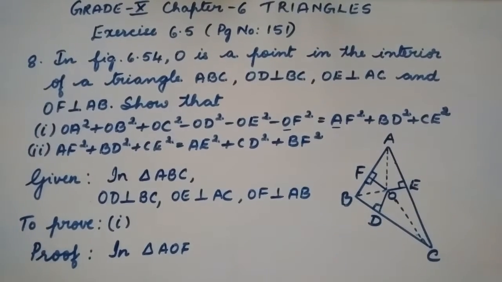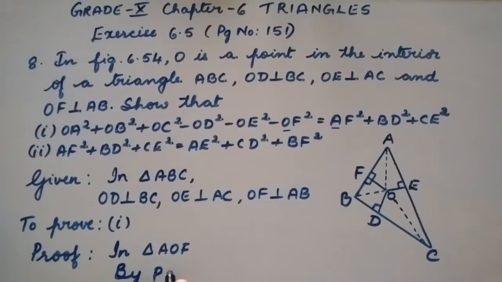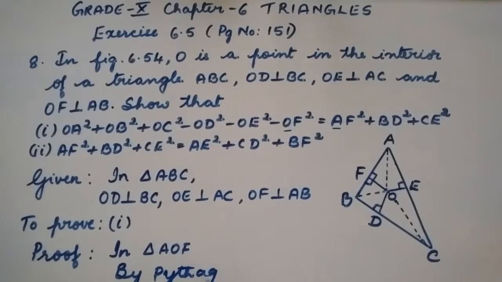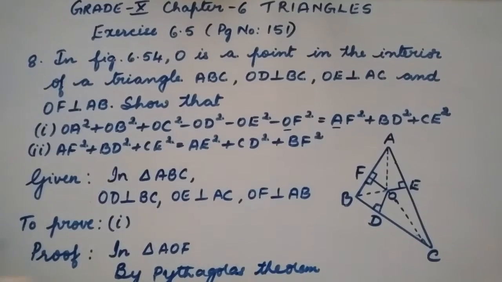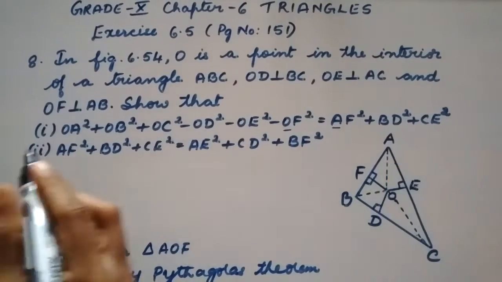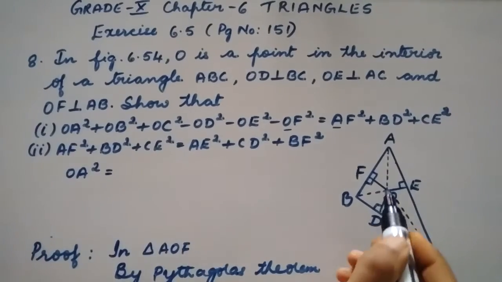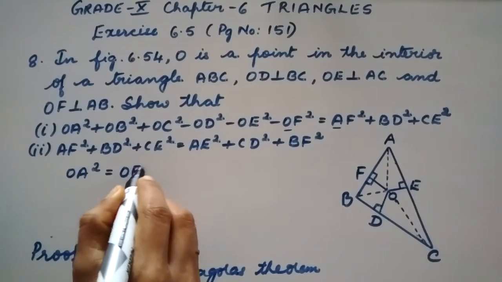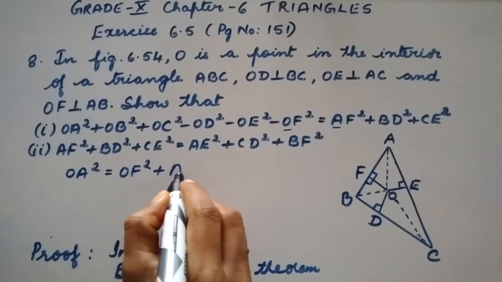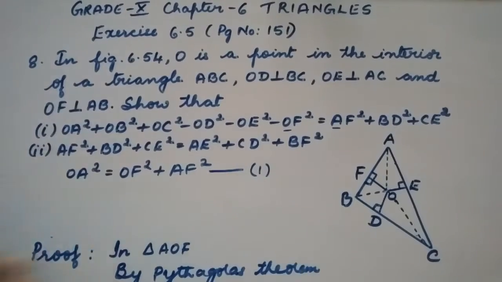So by Pythagoras theorem, we have OA square is equal to OF square plus AF square. Let us consider this as 1.